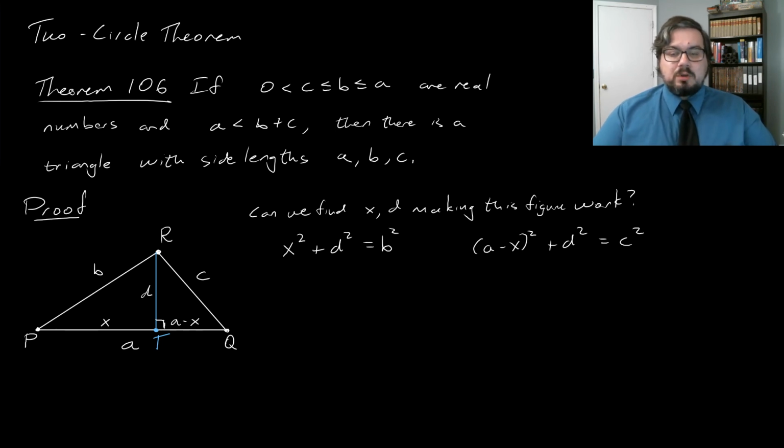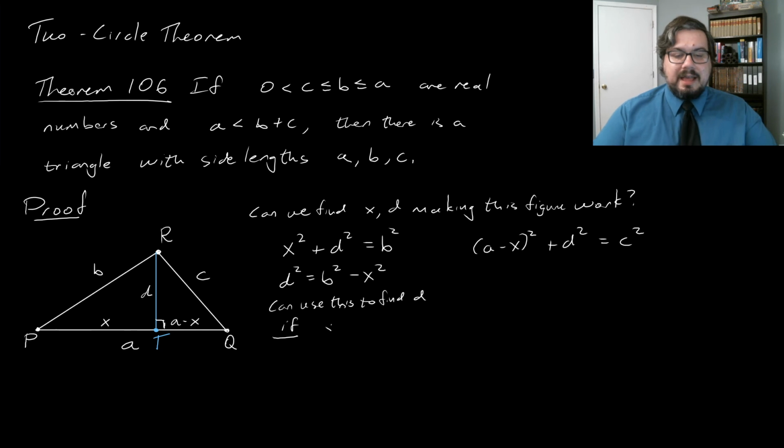Now we can solve the left-hand equation for d. So we have d squared is equal to b squared minus x squared. And so we can use this to find d if x winds up being less than b.